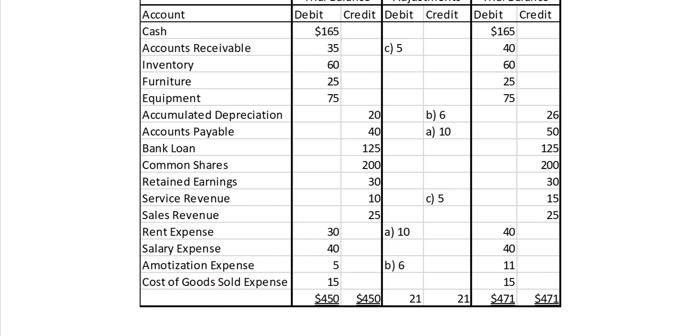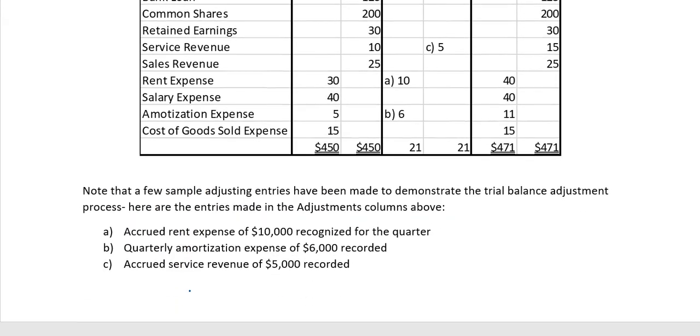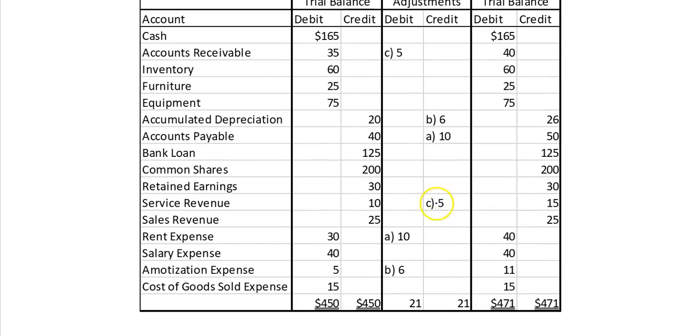Now, before I go further, let's actually look at what the adjusting entries were. A was accrued rent expense of $10,000 recognized for the quarter. So, having a look at A, we have a debit to rent expense, as we would expect, of 10, standing for 10,000.